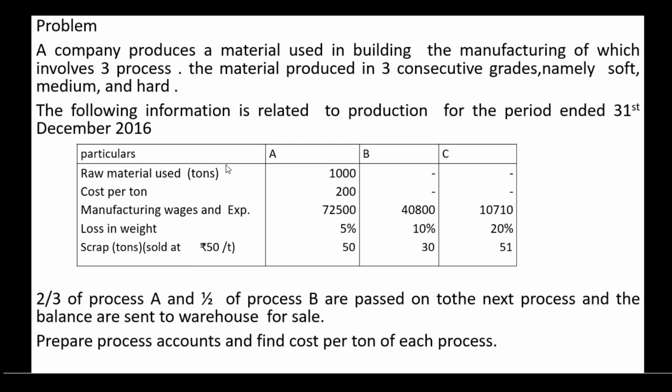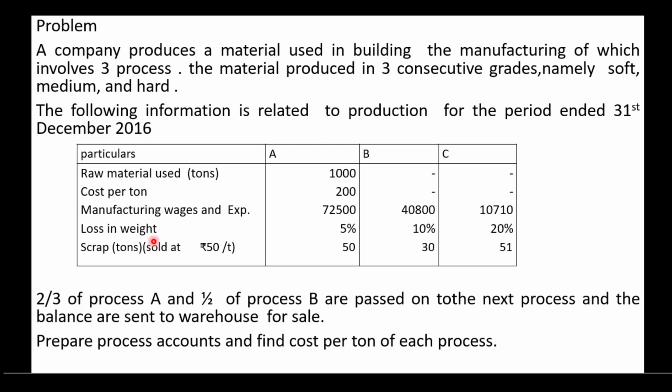And the next one, manufacturing wages and expenses. For A 72,500, B 40,800 and for C 10,710 rupees. These manufacturing wages and expenses are also entered on the debit side of the process account. And then loss in weight.